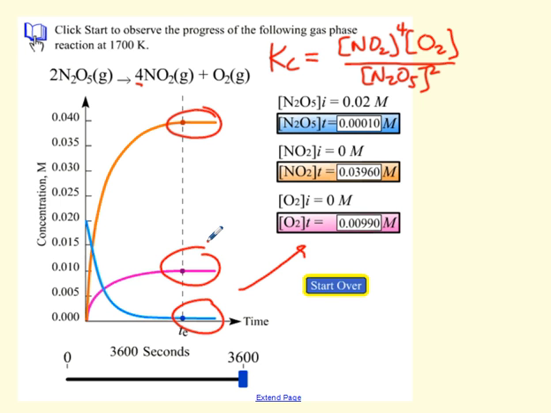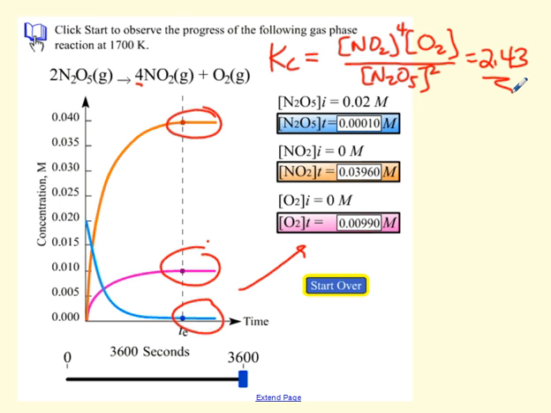And we multiply that by the oxygen concentration, so multiply by 0.0099, and divide that by the N2O5 squared, so 0.0001 squared. So for this experiment at this temperature, the Kc value is 2.43.